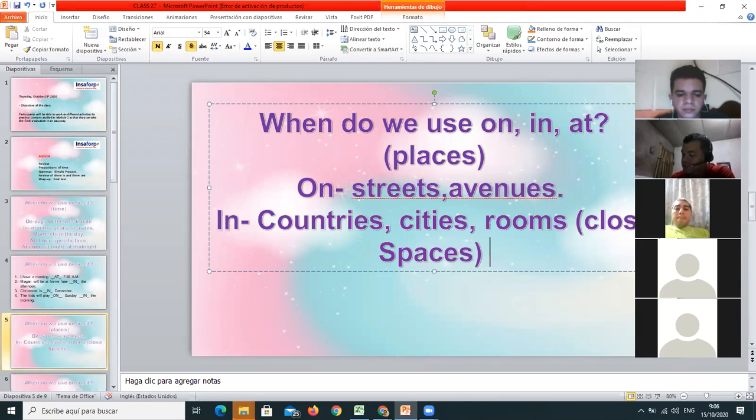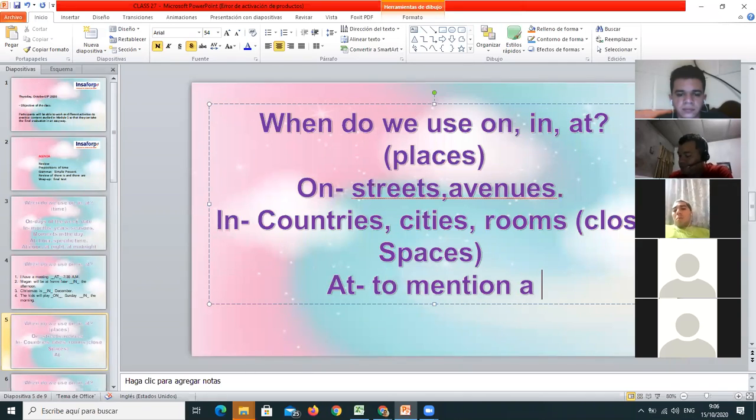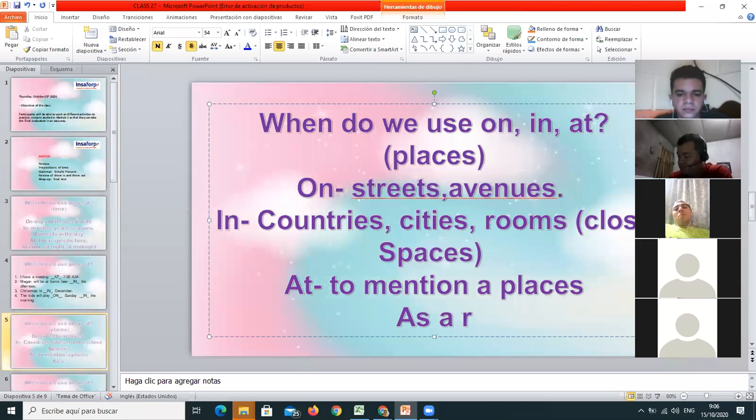In those cases, we're going to use in. And we are going to use at to mention a place as a reference. If you use at, that doesn't mean that you are inside the place, not necessarily. If you are inside a place, then you use in.